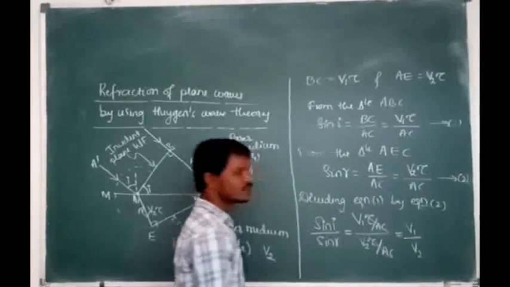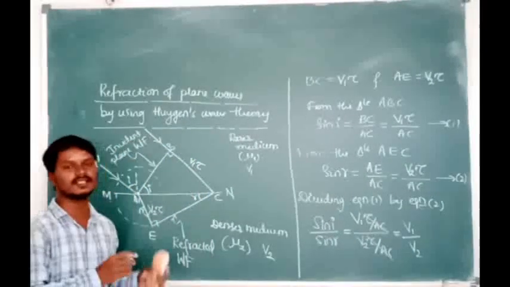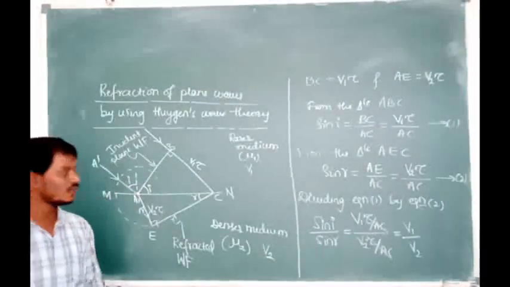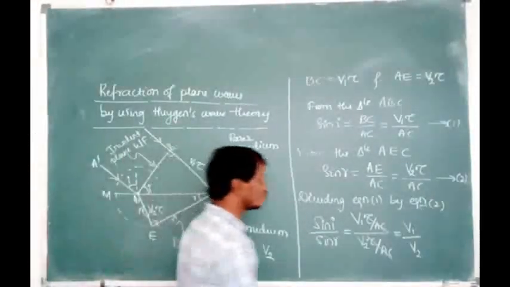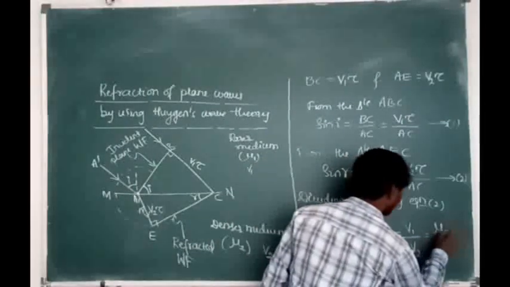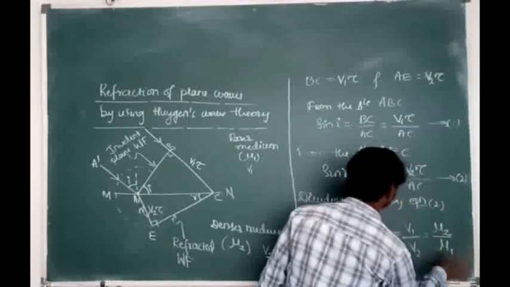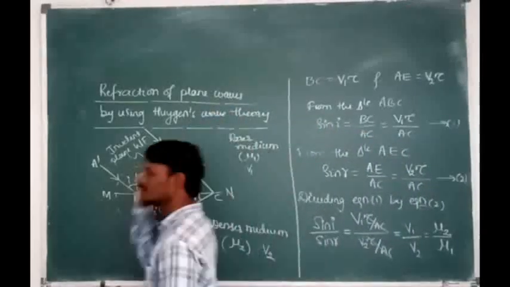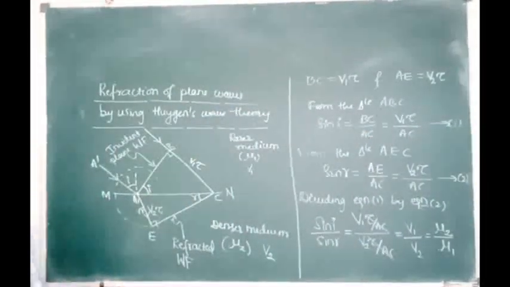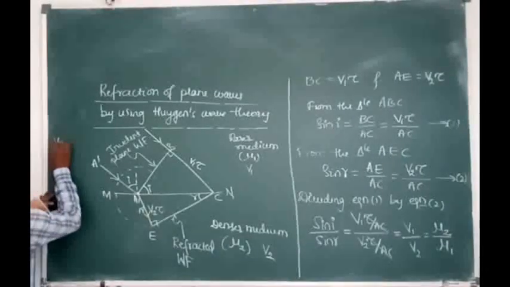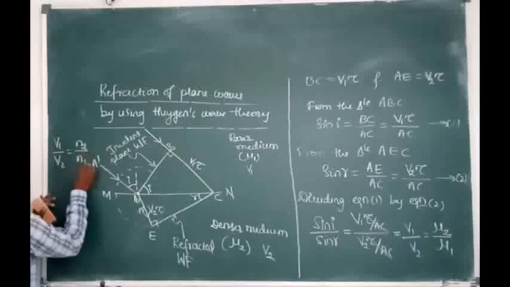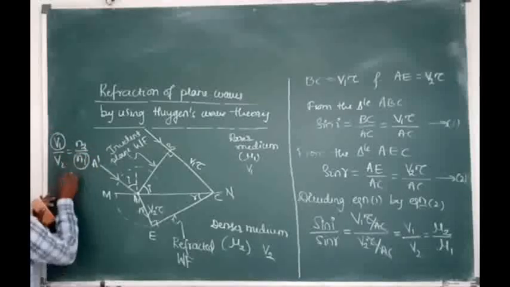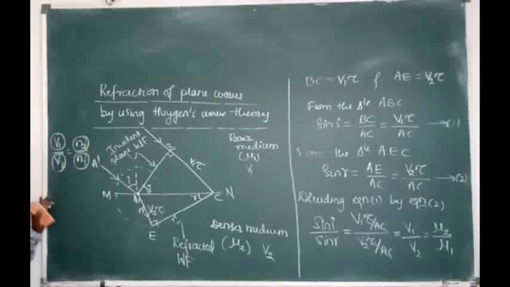It is Snell's law in terms of the speeds of light in both media. Now in terms of refractive indices, we already know how the speed is related to the refractive index. That is inverse, so it is mu2 by mu1, because v1 by v2 is nothing but mu2 by mu1. v1 is inversely proportional to mu1 and v2 is inversely proportional to mu2.